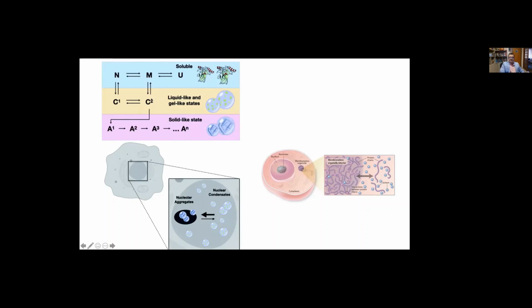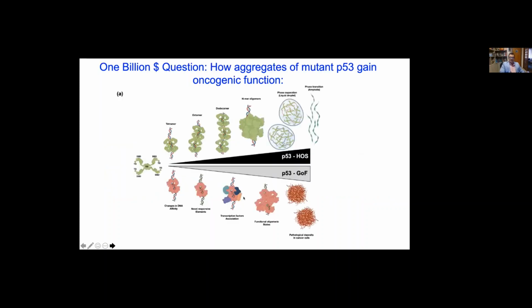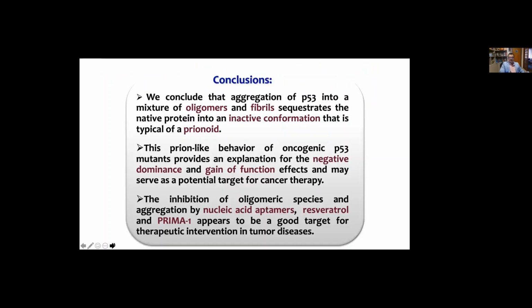Still, as I mentioned, we probably want more molecular insights into how p53 in this oligomeric state is acquiring this gain of function characteristic. So there is a lot to be learned. I think I have gone through most of the conclusions.